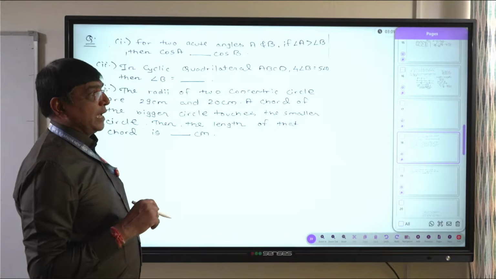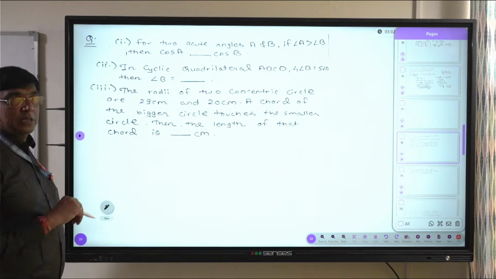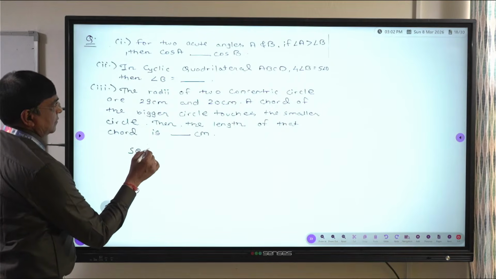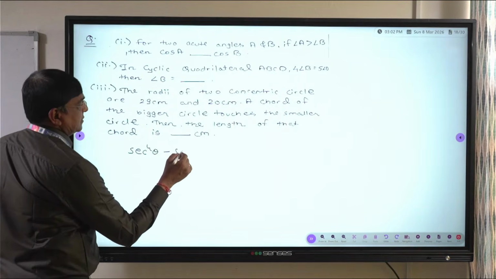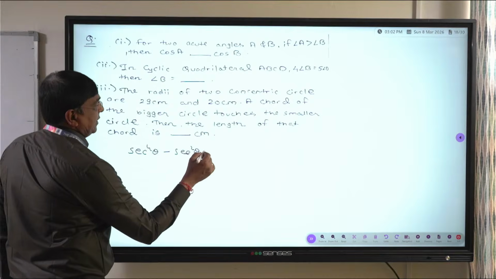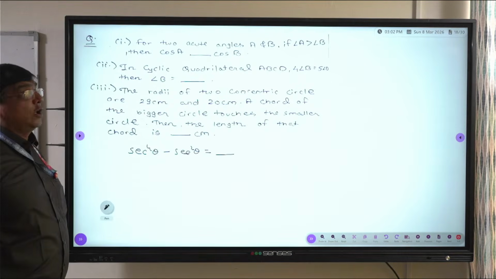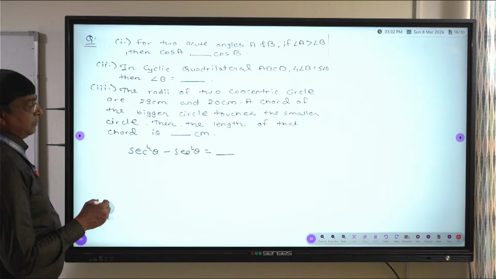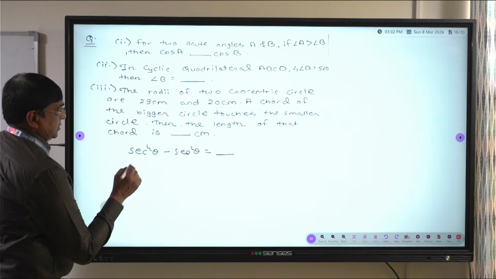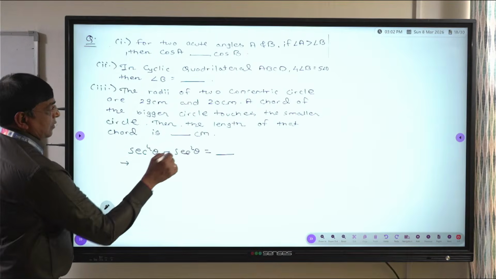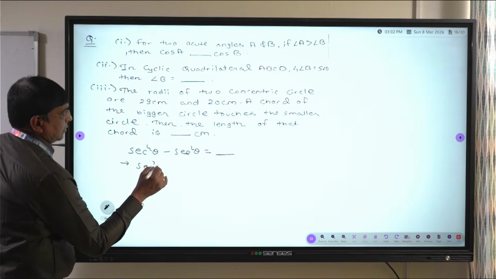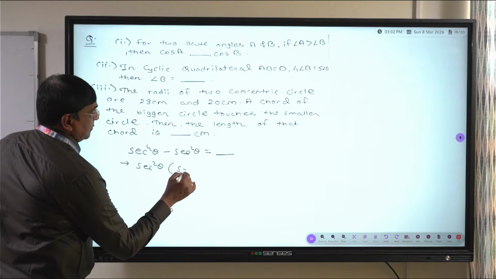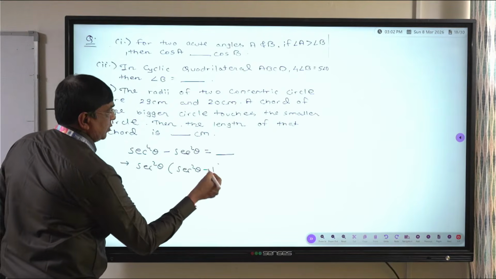Okay, I remember all that, so let me tell you. We have sec 4 theta minus sec square theta equals dash in terms of tan theta. How to solve? Equals, from both, sec square theta is common, so we get sec square theta times (sec square theta minus 1).